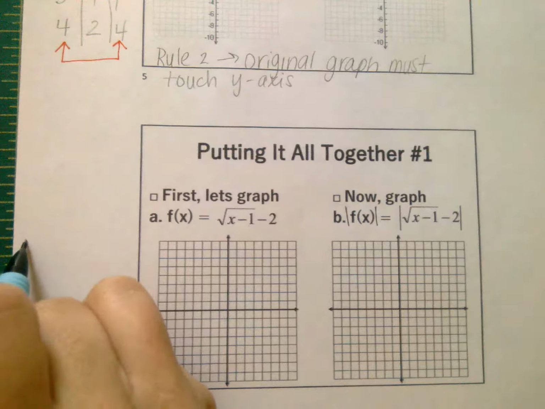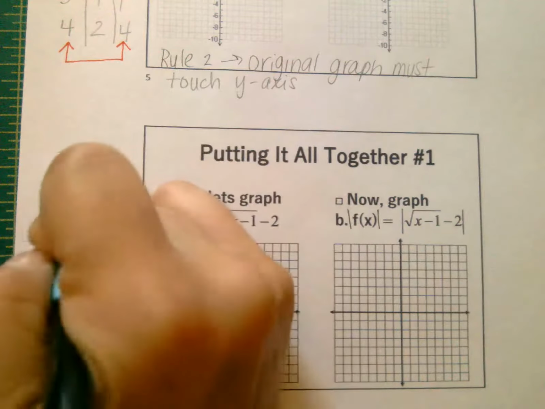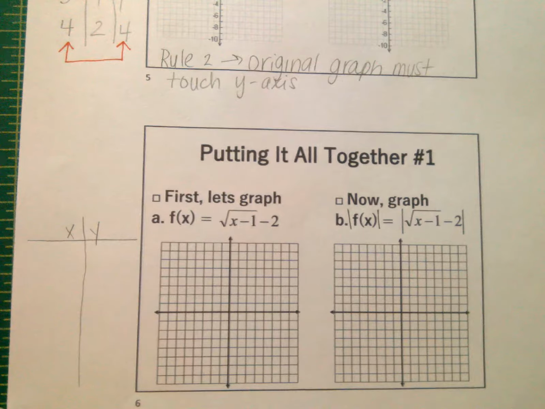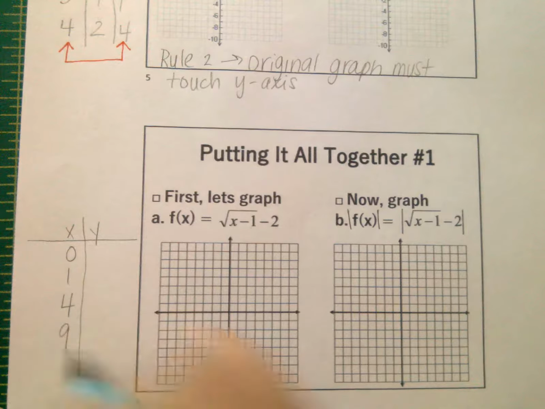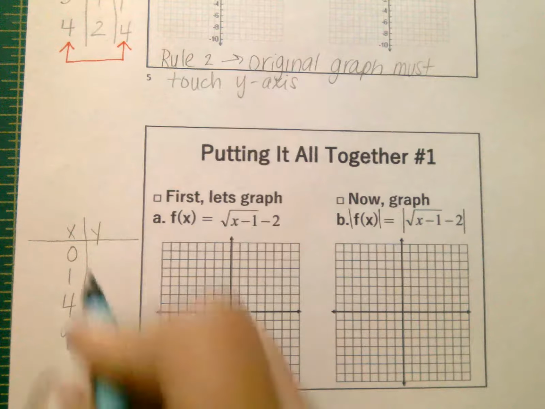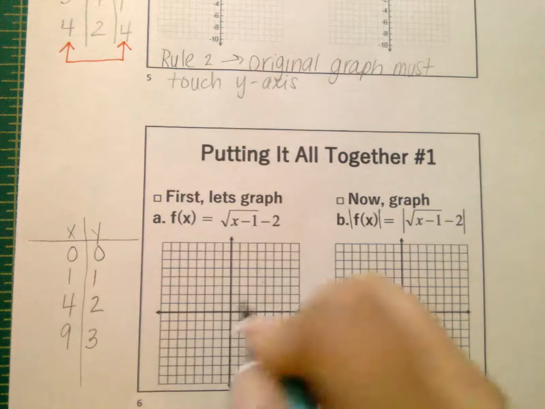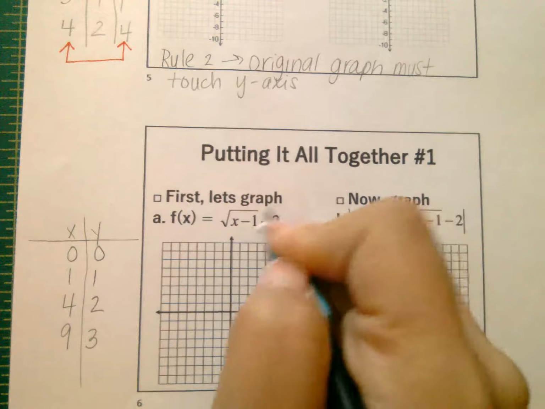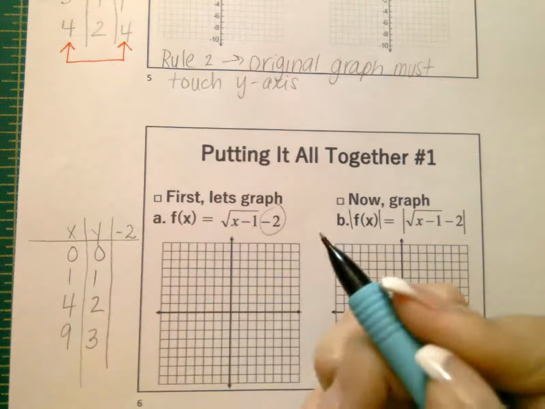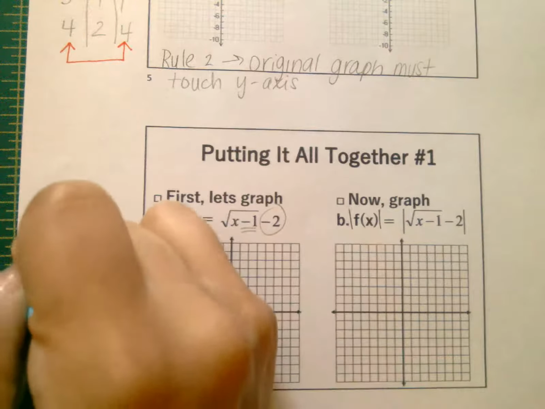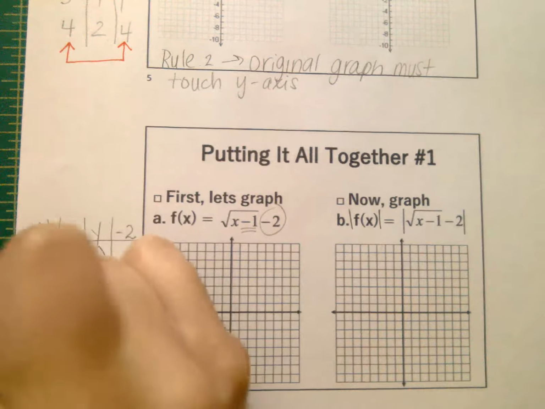Okay, so when I make my table, I'm going to use positive values that are perfect squares. So I'm going to use 0, 1, 4, and 9. And I see that I'm subtracting 2 from the y's and adding 1 to my x value.